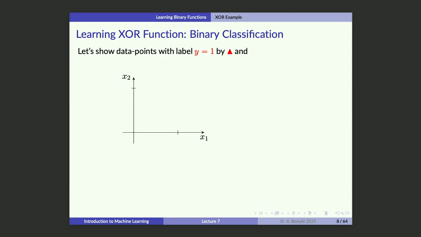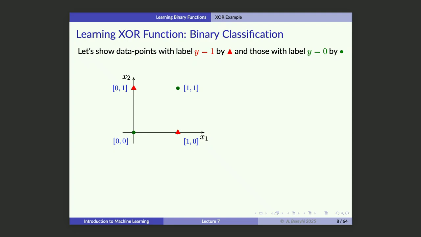So let's put the data points on the 2-dimensional space. The points which are labeled as 1 are these points off diagonal, and the diagonal points are both labeled as 0, right? Now, looking at that, can I find any linear classifier?